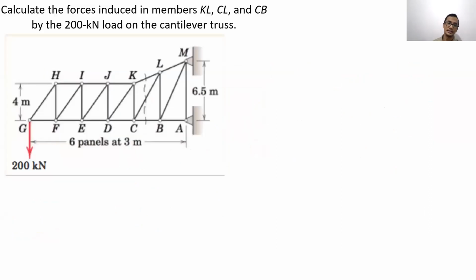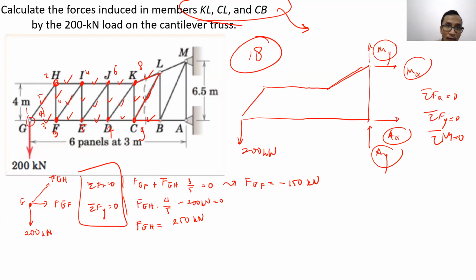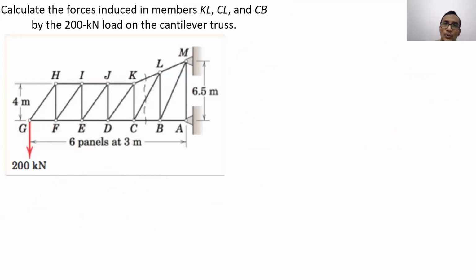It is not necessary for us to solve for all of these joints to get member KL, CL, and CB. There is another method we can use to solve for those three without solving for the others.